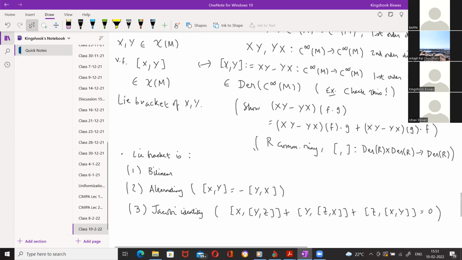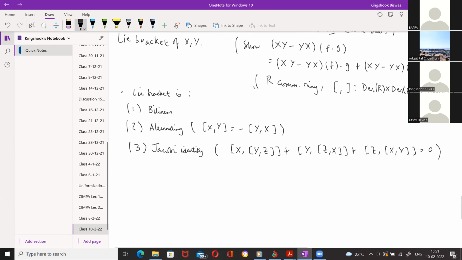So, a vector space with a bilinear operation which satisfies these properties is called a Lie algebra.